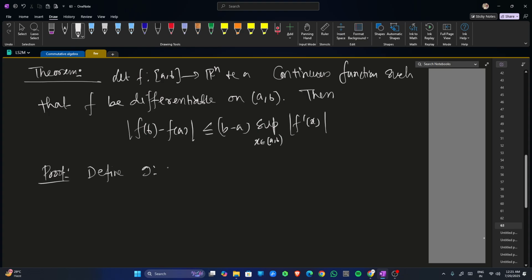Define g. We will use the mean value theorem, the one dimensional mean value theorem, by g of x equal to the inner product of f(b) minus f(a) with f(x).